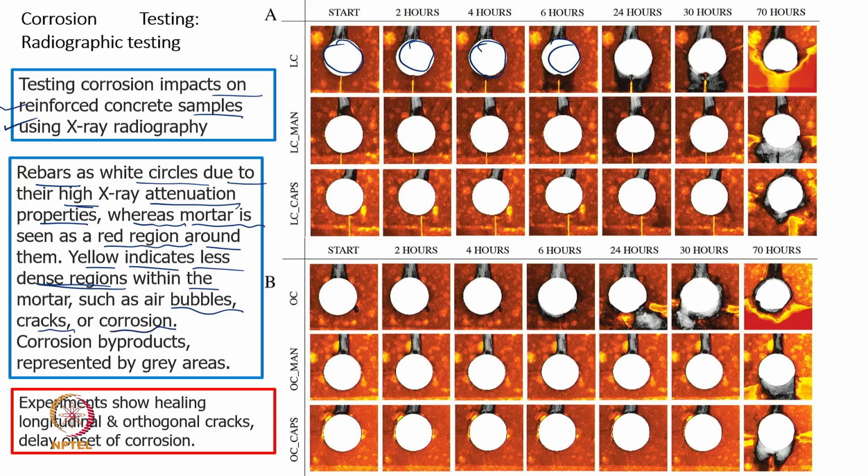So, using radiography we can really find out what the problem is with the concrete we are using. As I say, this white color circle you need to neglect, these are the steel bars. Then we need to look at the yellow color. The more yellow color, naturally there is more possibility of failure.